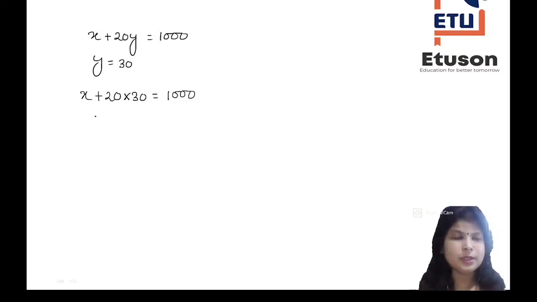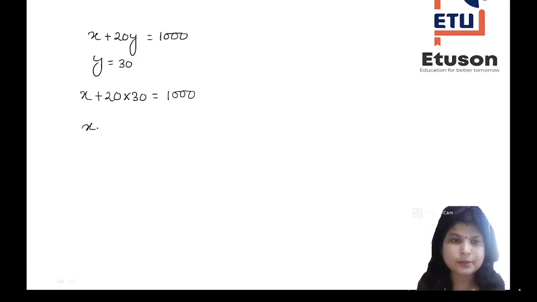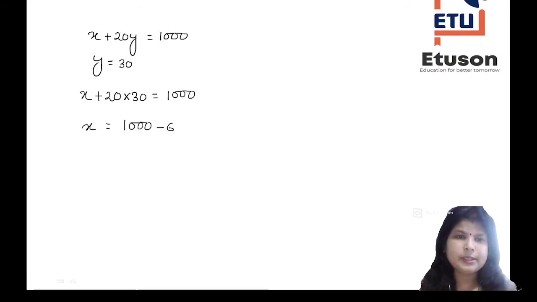So that is 1000. So what is the value of your x? So x is equal to 1000 minus 20 into 30, that is 600, and your answer is 400.